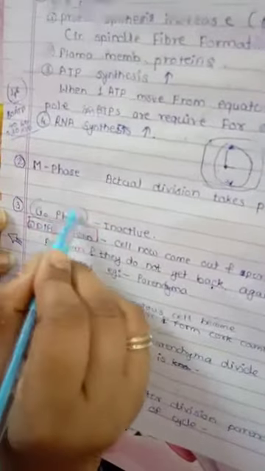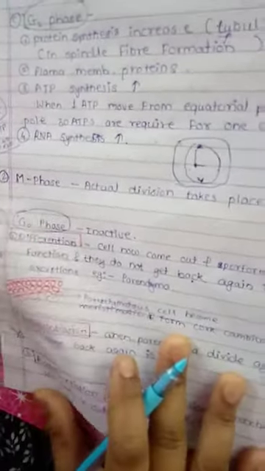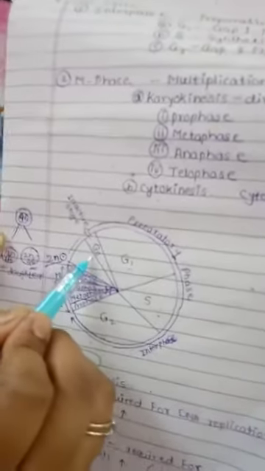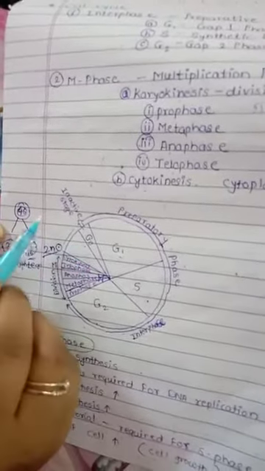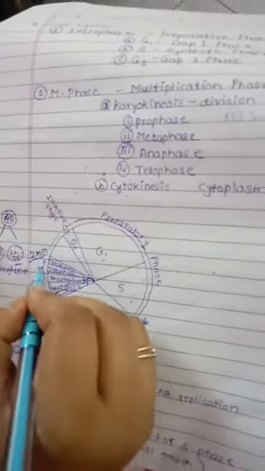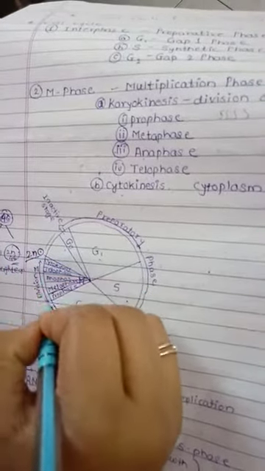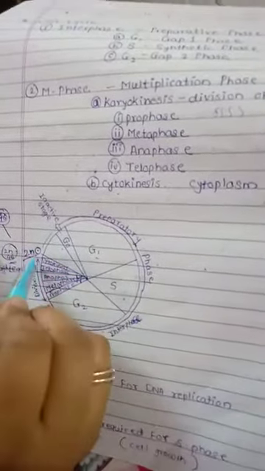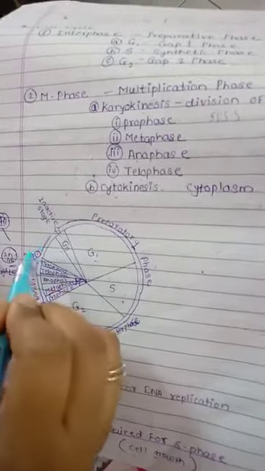After that, a G0 phase is also present in the cell cycle. Let us discuss the G0 phase. It is actually an inactive stage, present after the division of the M phase, so it is also known as the inactive phase.